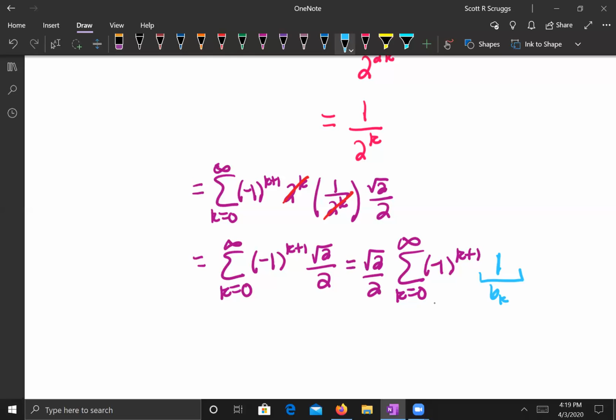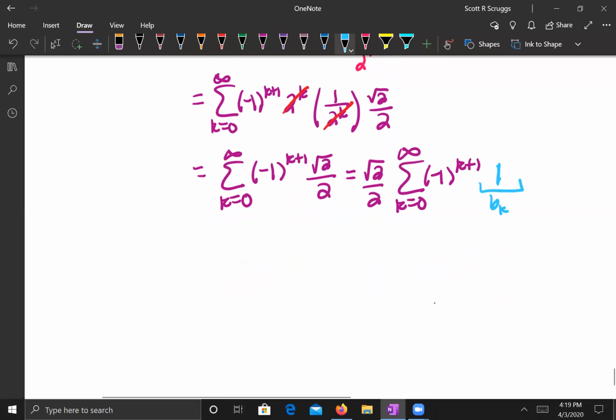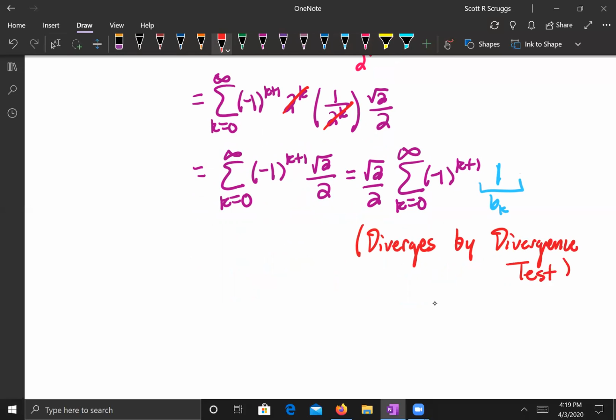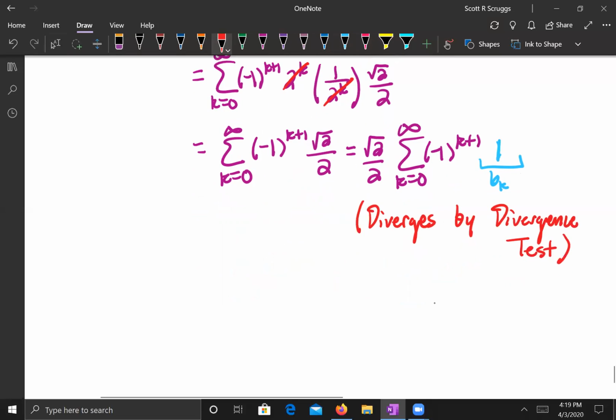Actually, Unique, I agree with you earlier about the alternating part. So I claim it diverges, and it diverges by the divergence test. Let's explain why that diverges by the divergence test.